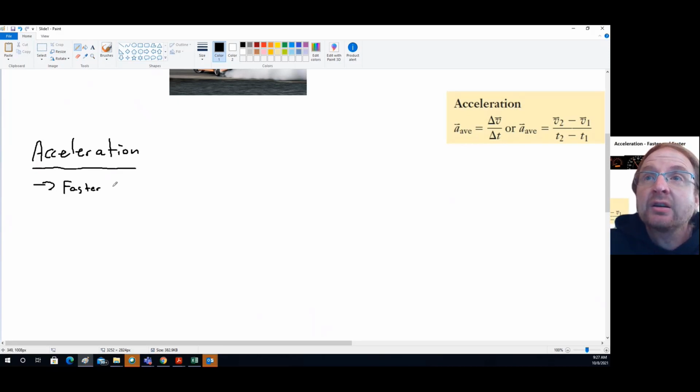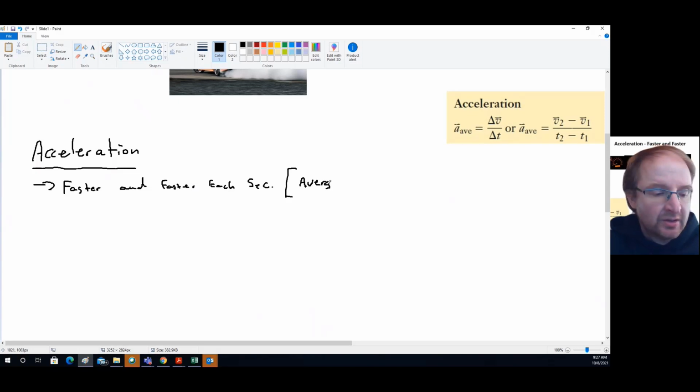Basically, faster and faster. Each second getting faster. Now, when we calculate it at a set rate, it is actually an average acceleration. And I should try to spell the word out correctly. Average. And I think you can appreciate that if you think about it.